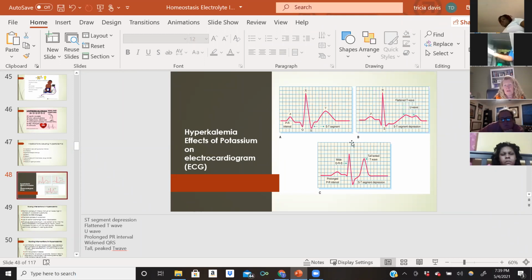This is what a normal one would look like. You can see how tall it is. Sometimes they'll be flattened, so they don't look normal. They're a little flat. We can see this prolonged PR interval. So this is what a normal PR interval looks like, but it can get longer. And then this QRS. So this is a normal. It can become wider. Okay.